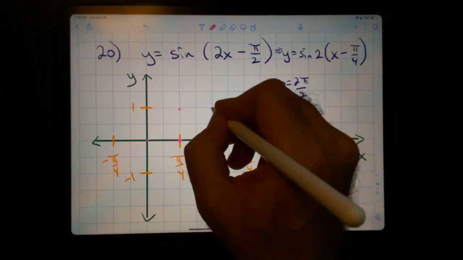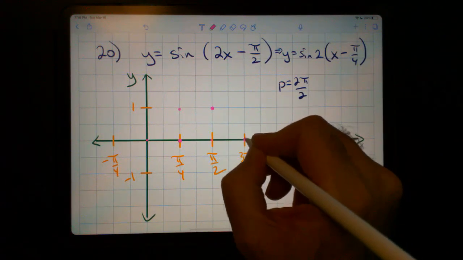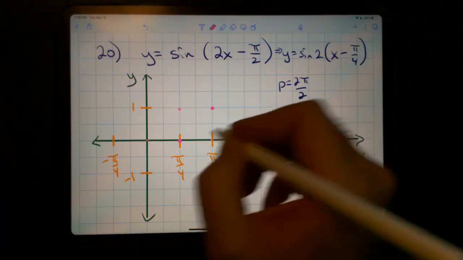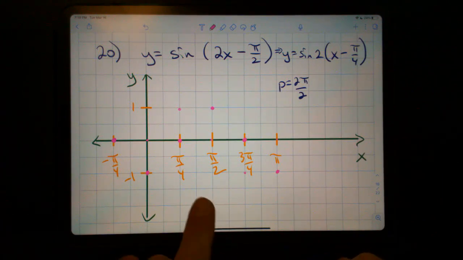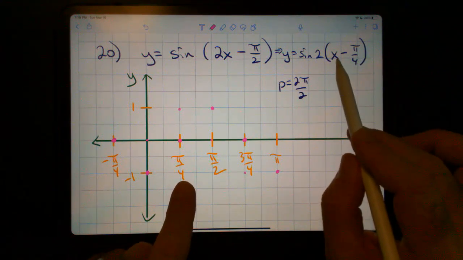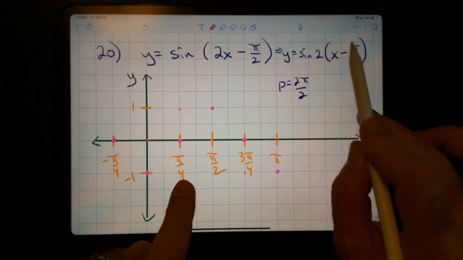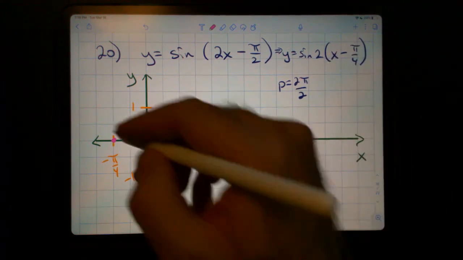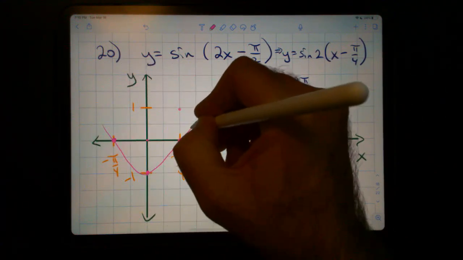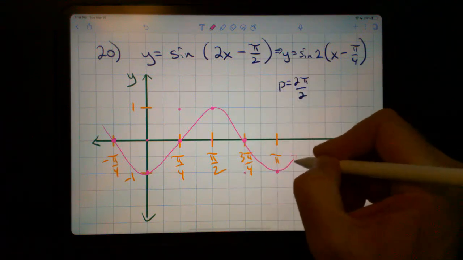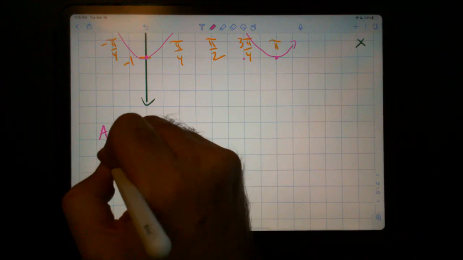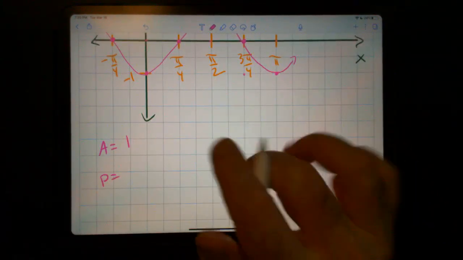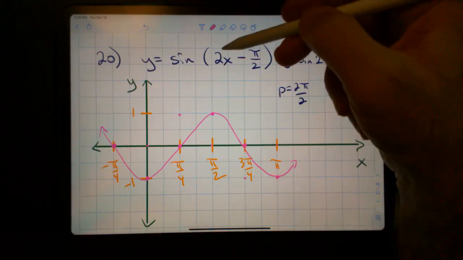So the graph will actually go, and if you look, when x is pi over 4, x minus pi over 4 is 0. 2 times 0 is 0. Sine of 0 is 0.